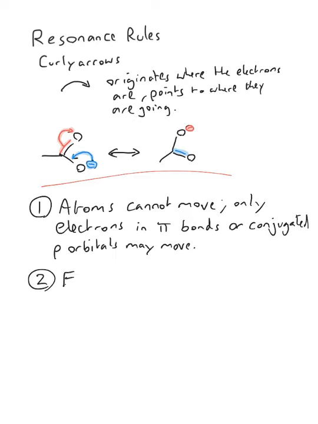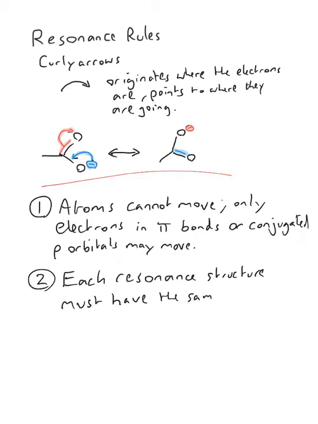Alright, rule number 2: each resonance structure must have the same number of electrons and the same charge.